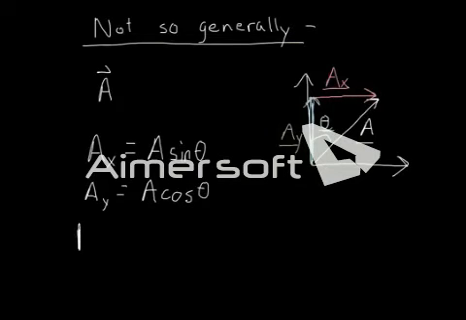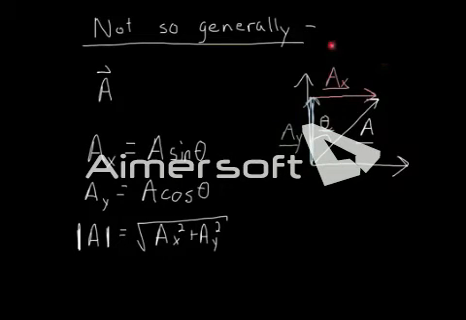And the magnitude of A is still going to come from the Pythagorean theorem, still going to be Ax squared plus Ay squared. So this is a caveat that your book doesn't mention too well, but you should always look at where this angle is. The general rules might not always apply. You can't just memorize Ax is A cosine theta. You have to look at the picture in every case.